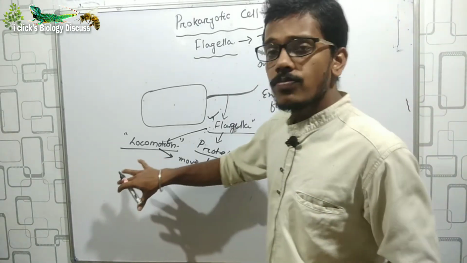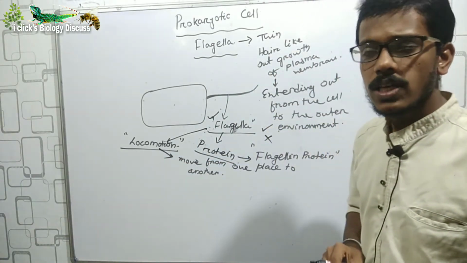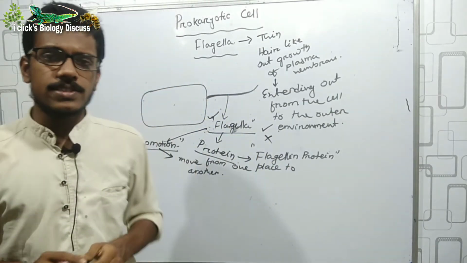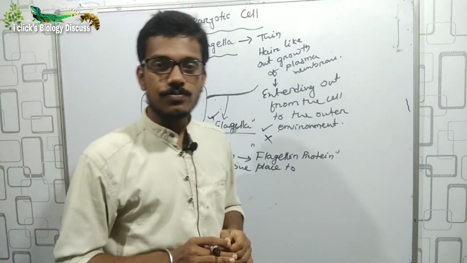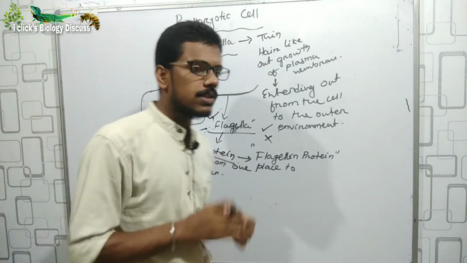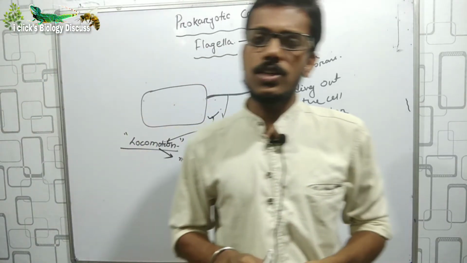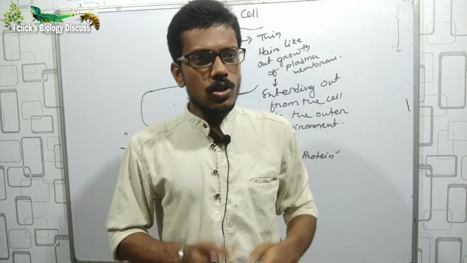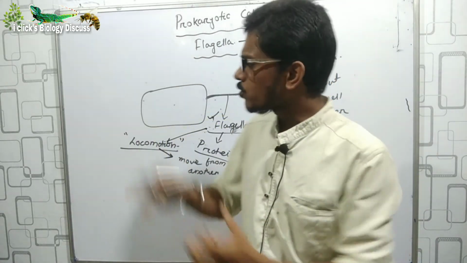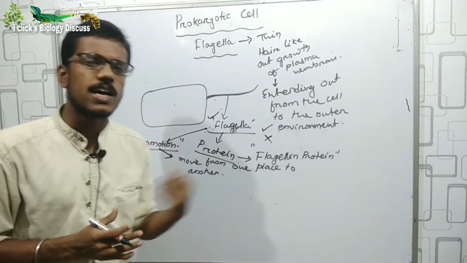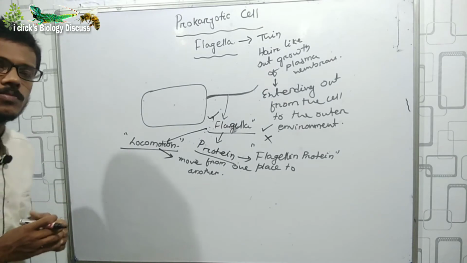If there is an absence of flagella, then that bacteria is called atrichous bacteria. But in some bacteria there is the presence of one flagella, or there may be two flagella or more. So where is this hair-like projection, the flagella, present?